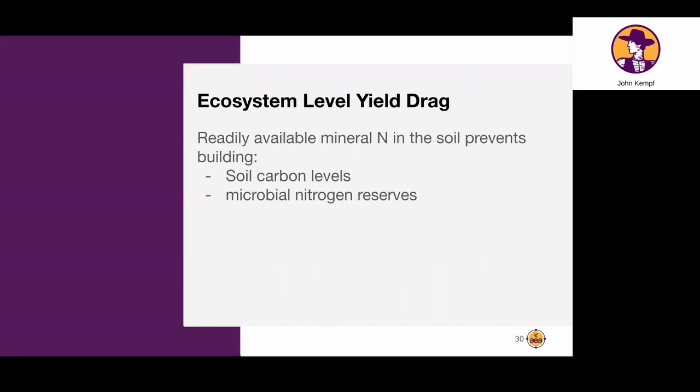But in addition to yield drag for a specific crop, we also have ecosystem level long-term yield drag. And what happens with these elevated nitrogen applications is we prevent the soil from building soil carbon levels, and we prevent soil from building microbial nitrogen reserves.